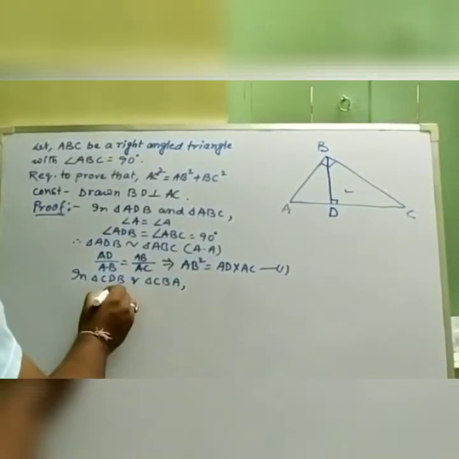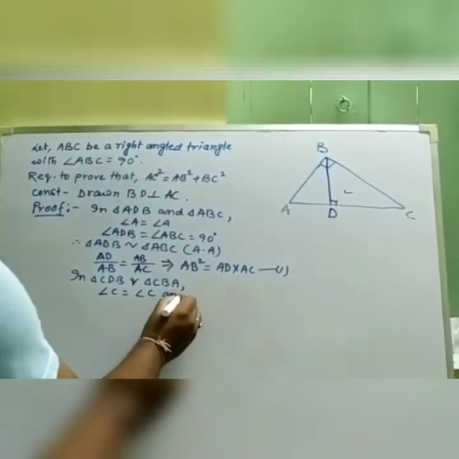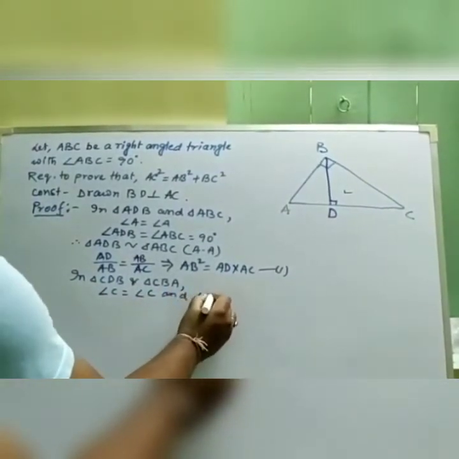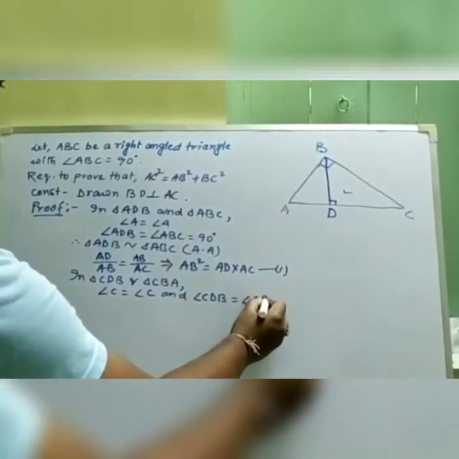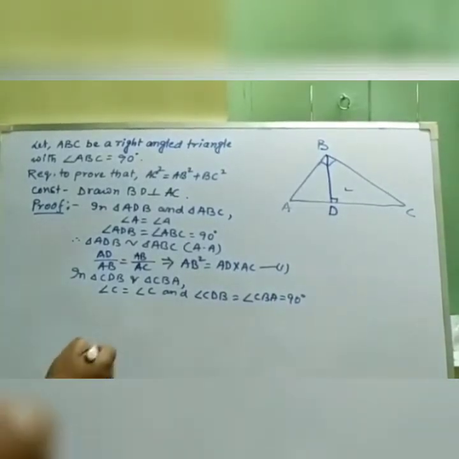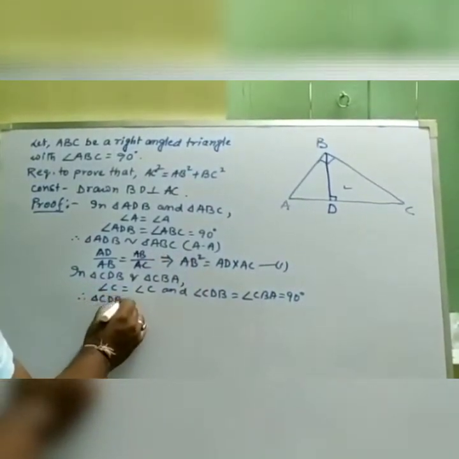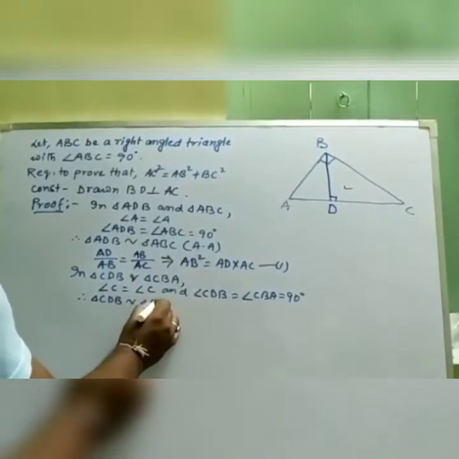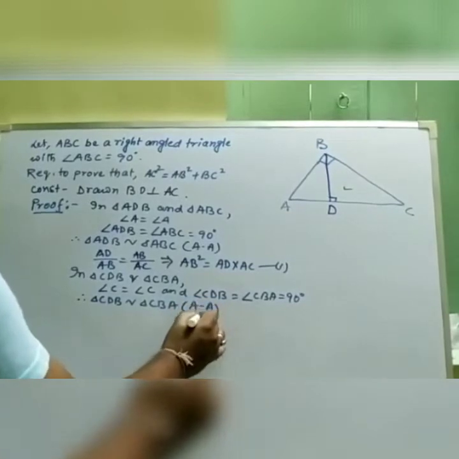Angle C is common, and they have the right angle, angle CDB equals angle CBA, both 90 degrees. So again by the angle property, triangle CDB is similar to triangle CBA.